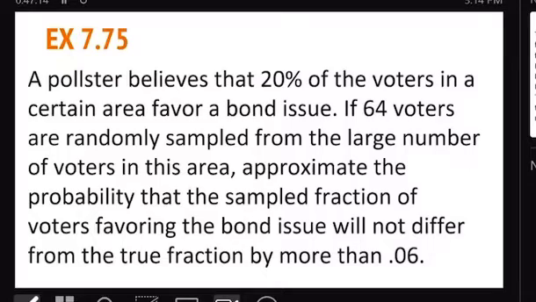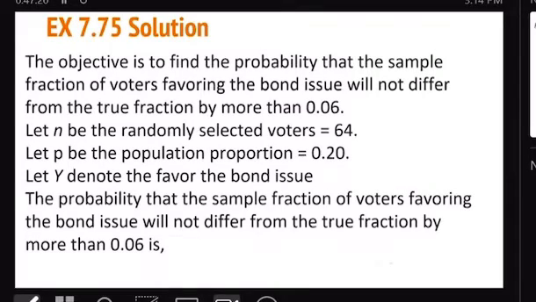Here, the parameter of interest is proportion. The one we've been dealing with is the sample mean. The objective is to find the probability.